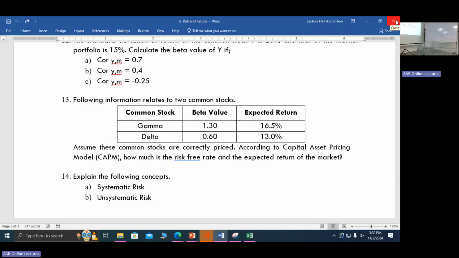Now we are going to cost of capital. Any questions, any clarifications, anything if you need?